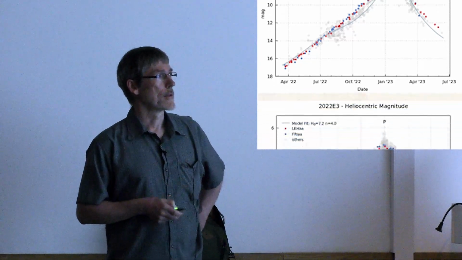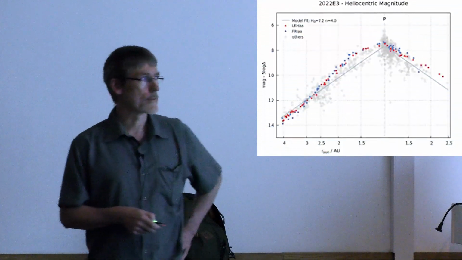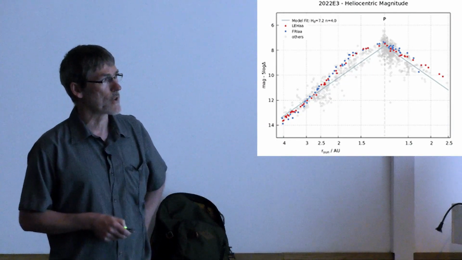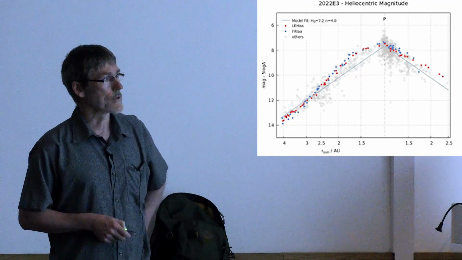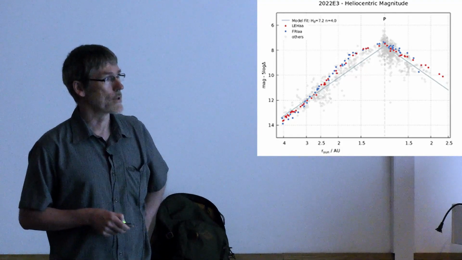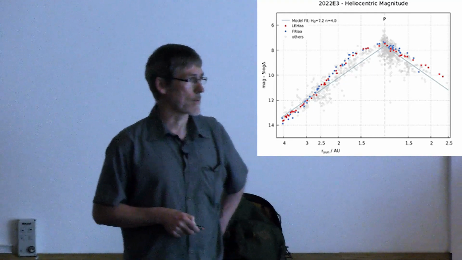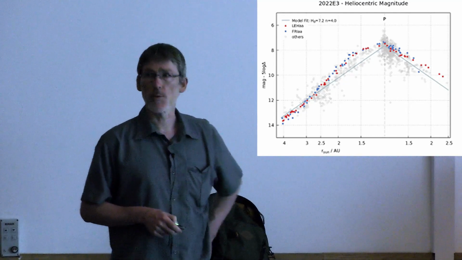And in the more interesting plot below on the heliocentric magnitude, you see that there's clearly a deviation from the average model, which is the line over here. There's clearly an increase in activity starting just below 3 astronomical units.